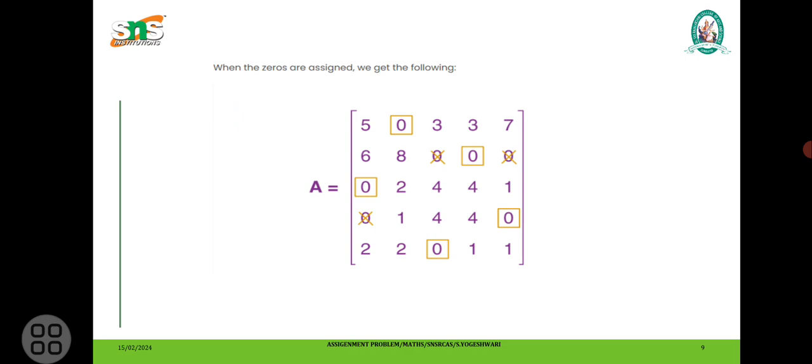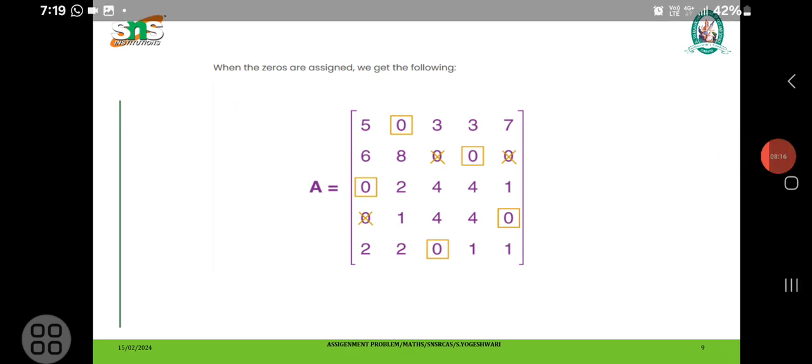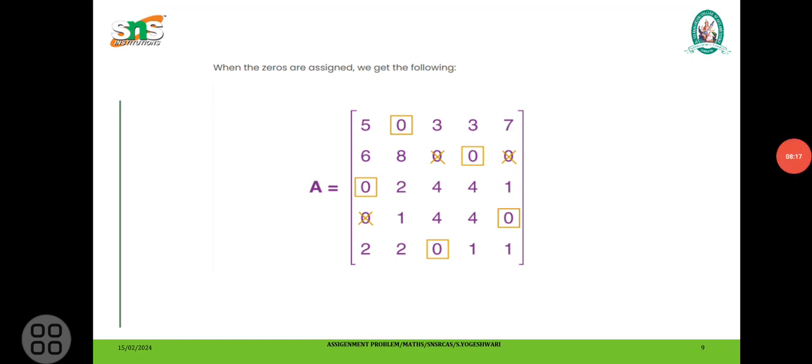When the zeros are assigned, we get the following matrix. Here the first row has one zero, the second row has three zeros so skip for now, the third row has only one zero, the fourth row has two zeros so skip for now, and the fifth row has only one zero. Then the row-wise zero allocation is finished.